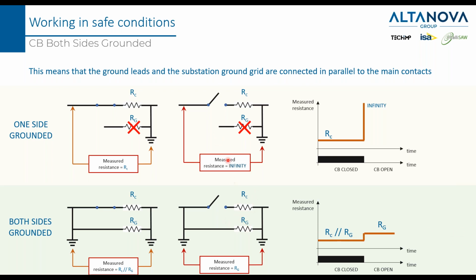So we see now the difference. We are not going from a small value to infinity, but from a small value to another small value. So you need a device able to understand this small difference. Why? Because when you connect the two ground leads, you are connecting in parallel to the contact another resistor that is represented by the ground leads and the ground grid.